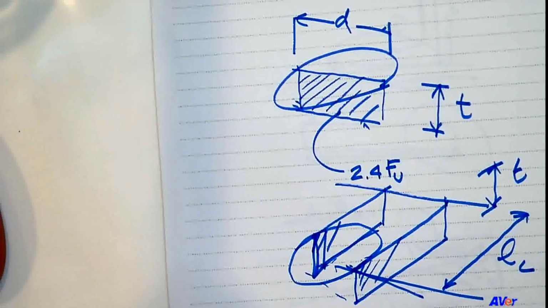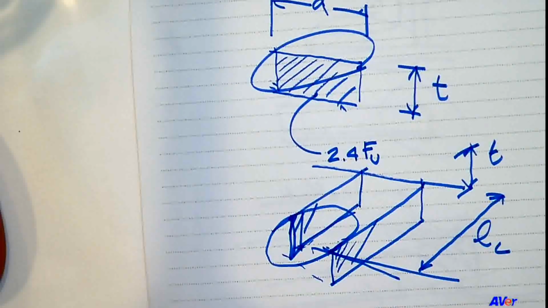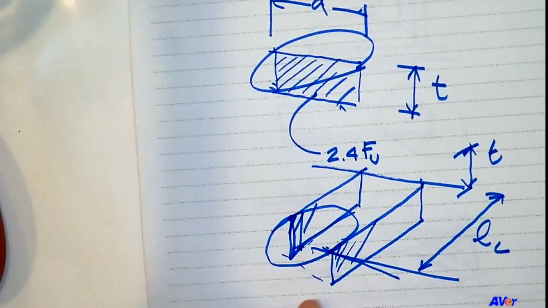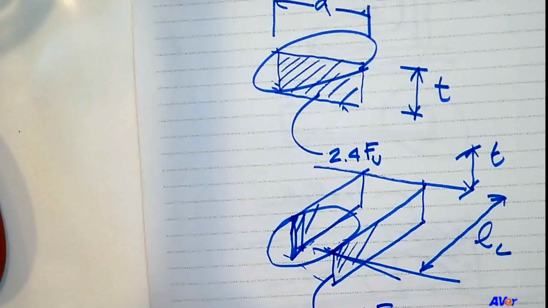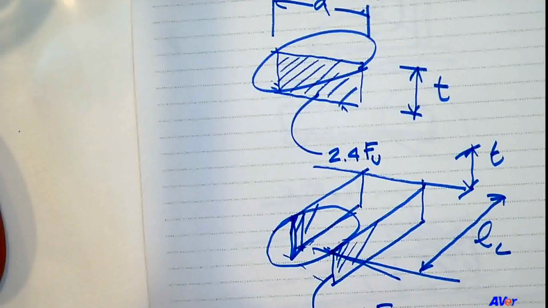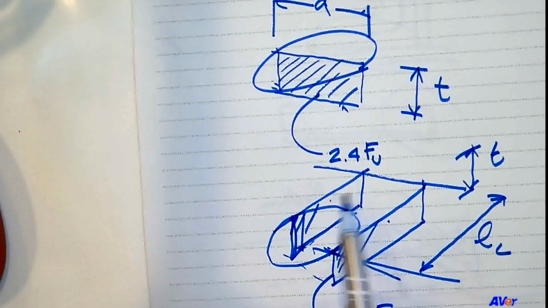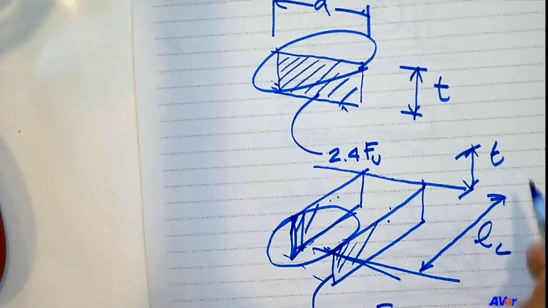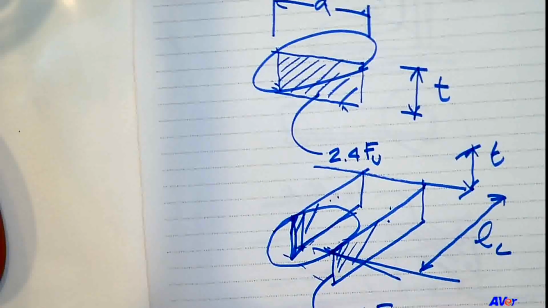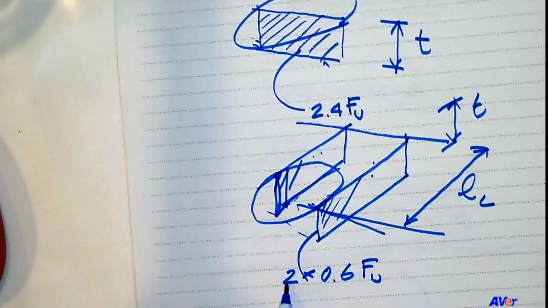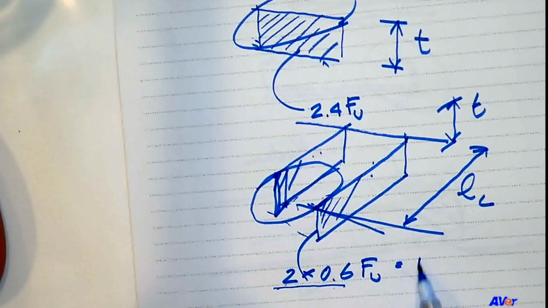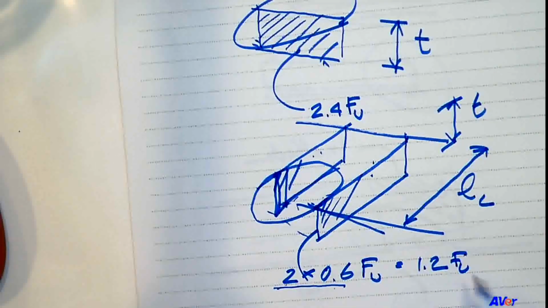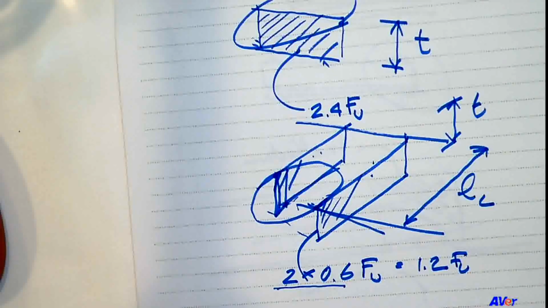You can again look from the picture in the slide in the book, but it's a bit small. It's the same. Now the shear strength is 0.6 Fu, right? The ultimate shear strength. But we have area on both sides, so instead of multiplying it here, you can multiply it here as well. So when you multiply 0.6 Fu by 2, you have 1.2 Fu and then multiply by that area.